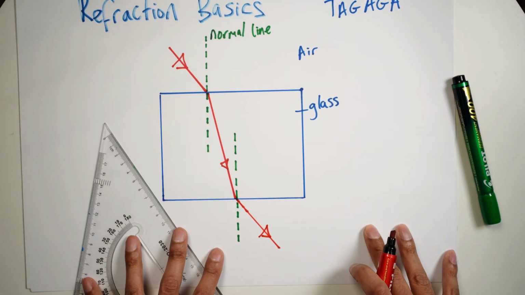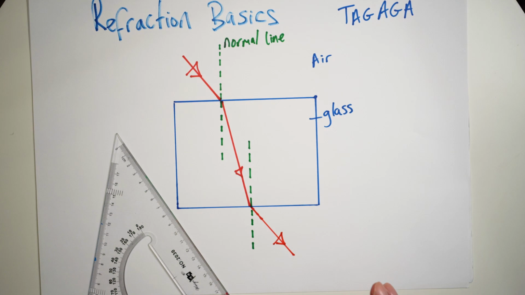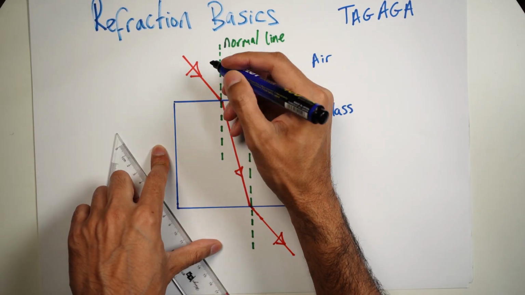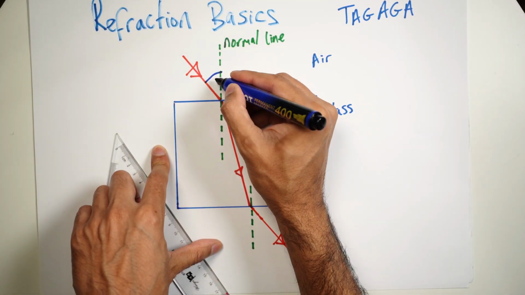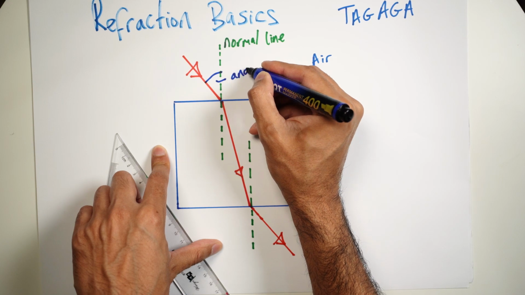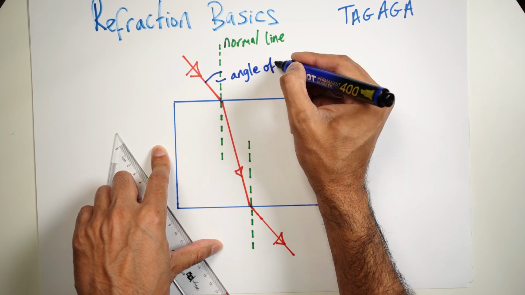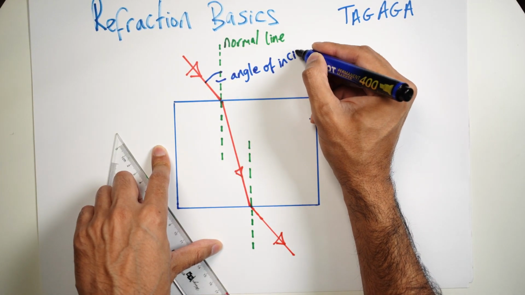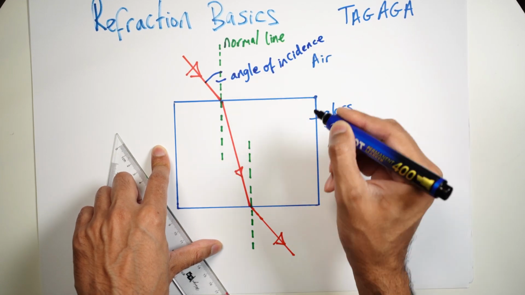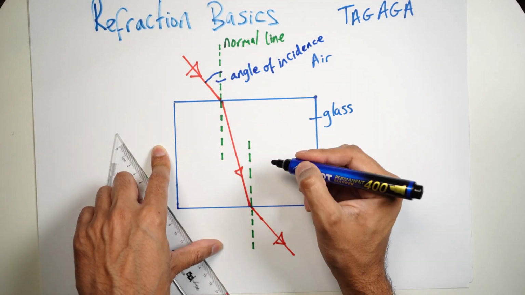There we are. The next thing is to label all the different parts. So this is something that we call the angle of incidence. That's that angle there.